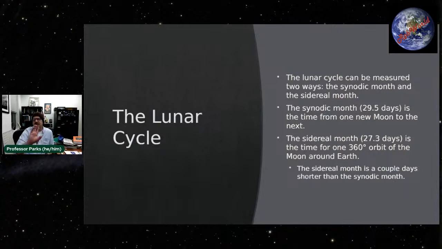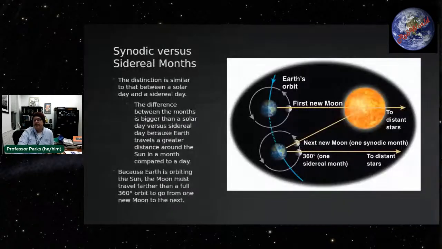The last thing I talked about last time is the synodic period, or synodic cycle, or lunar cycle, and the difference between a synodic month and a sidereal month. I think this is a much better way of looking at it. Here we have the Earth and the moon on the left and the sun on the right.